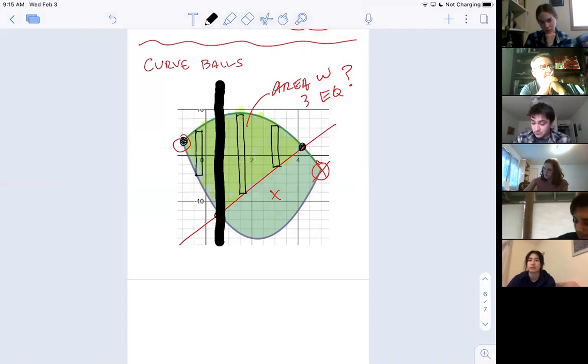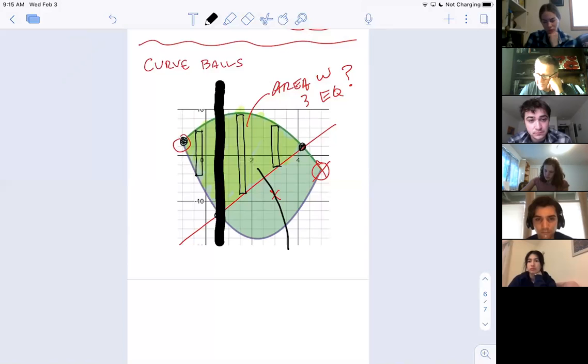Try a fat line. It's too fat. Do you agree that on this side over here, it's kind of the green equation minus the red equation? That's what's going to give me the heights of my rectangles.